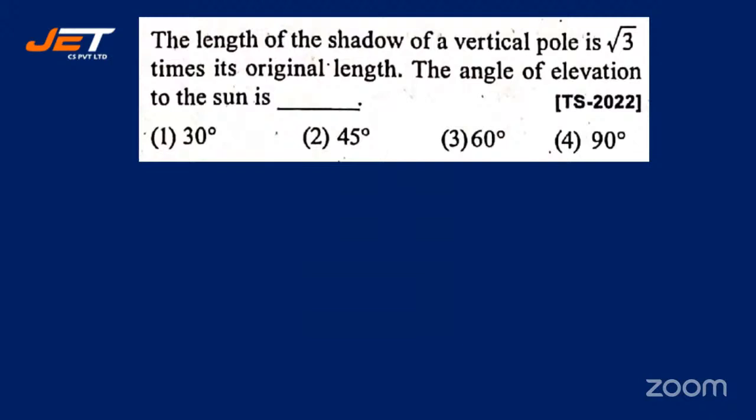See the next question. The length of a shadow of a vertical pole is root 3 times its original length. The angle of elevation of the sun is dash. So I think this is easy. You can work it out. I'm just giving you 1 minute. Please work it out and give me the answer. Yes, I'm getting the answers.